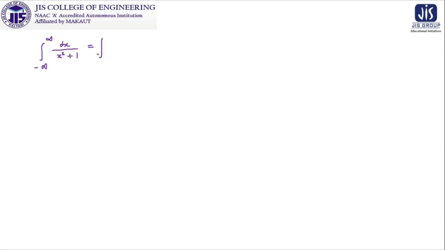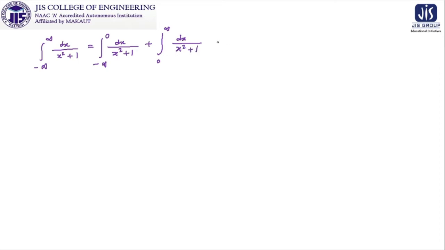So according to the structure, we can write it as the integral from minus infinity to 0 dx by x square plus 1, plus the integral from 0 to infinity dx by x square plus 1.